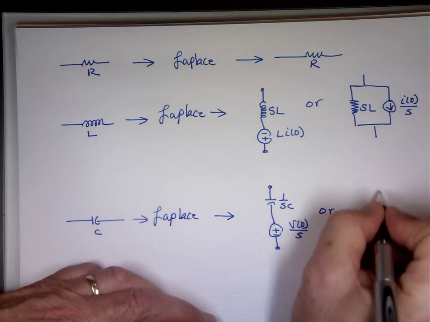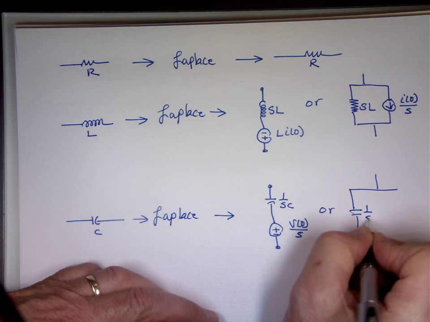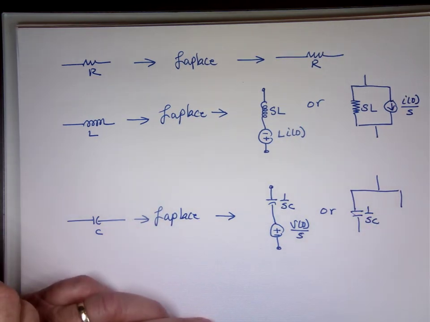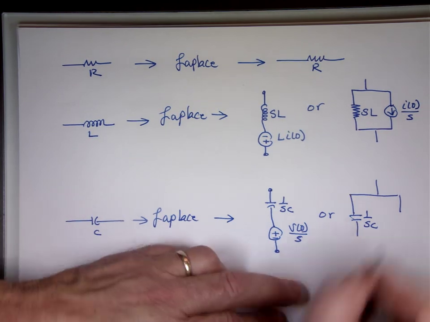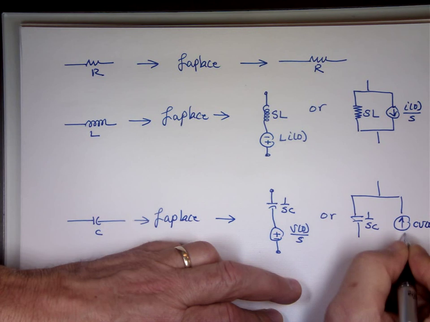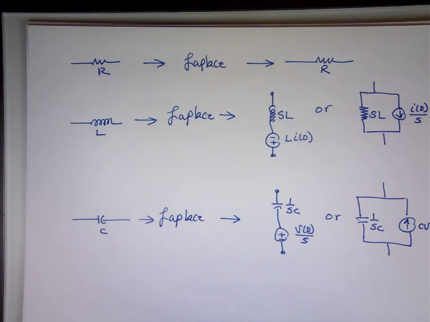Or you can replace it with 1 over SC with the current source that's pointing upward of the value CV0. That's your equivalent in Laplace.